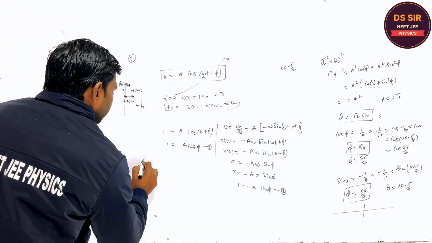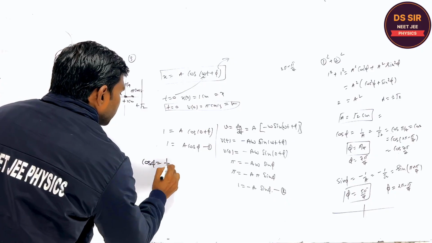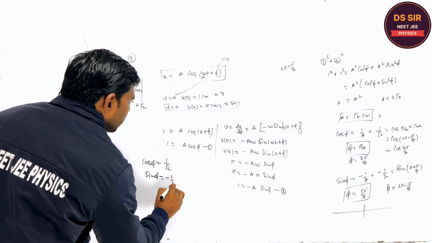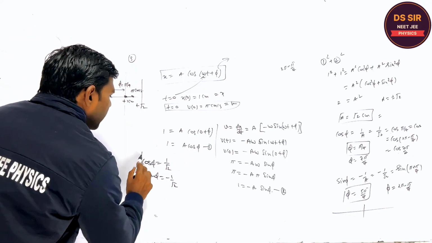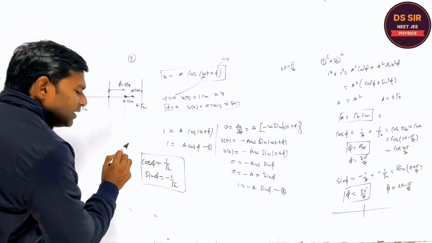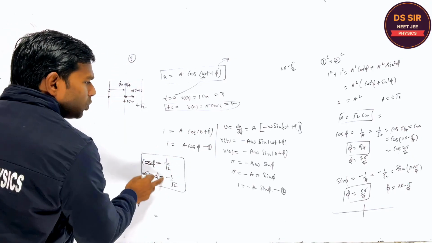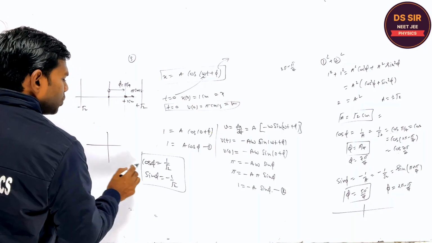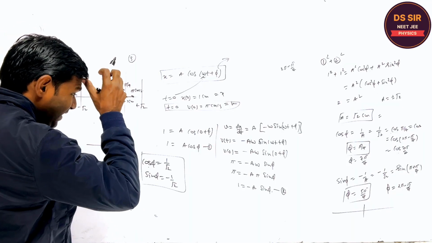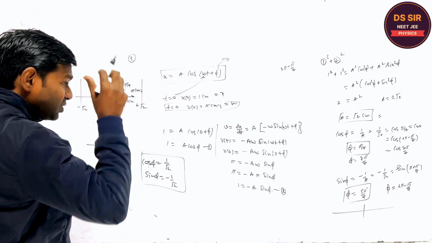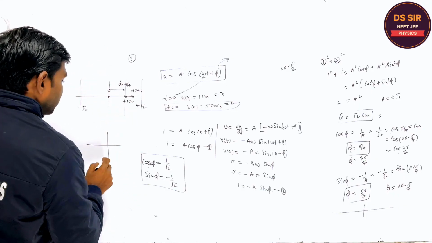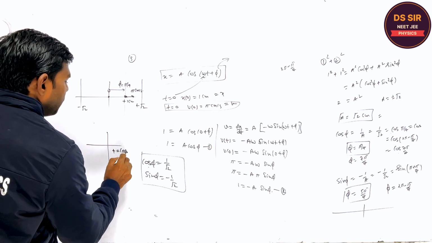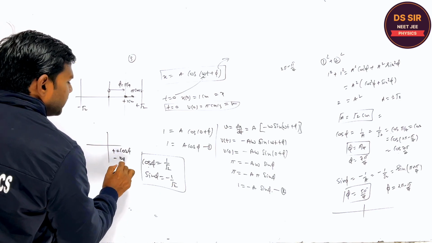So cos phi is equal to what? 1 by root 2 here, and sin phi is equal to minus 1 by root 2 here. So we have to find the value of phi in such a way both are satisfied. So cos phi is positive and sin phi is negative. So in which quadrant it may occur? In fourth quadrant.